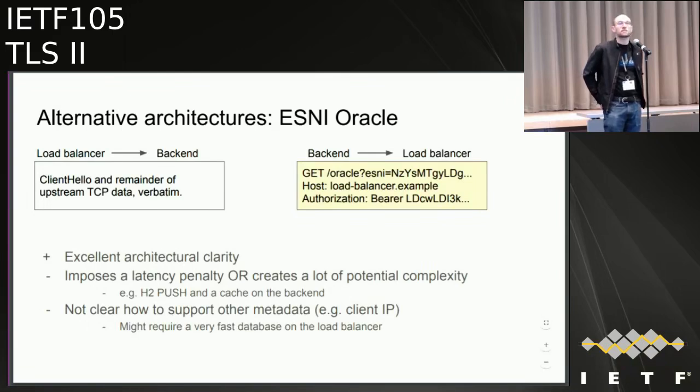This is nice and clear, but it's probably too slow to implement in this literal way. You'd really want what I would call a push oracle. You could imagine implementing this with HTTP2 push, but this becomes a really complicated and potentially flaky setup. So next slide.